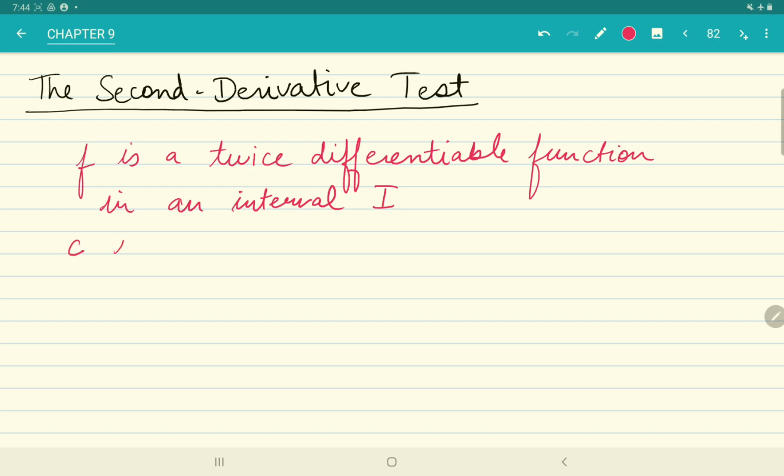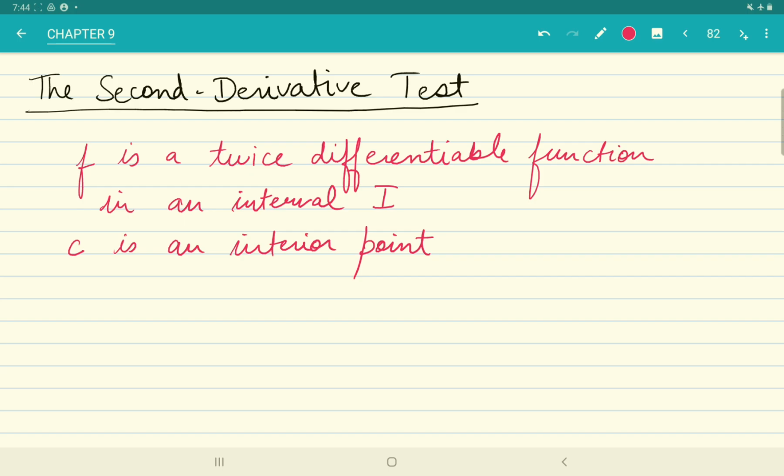Suppose C is an interior point of I. So again we get to the interior point of the domain of a differentiable function, but in fact here we say that we have an interior point of the domain of a twice differentiable function.